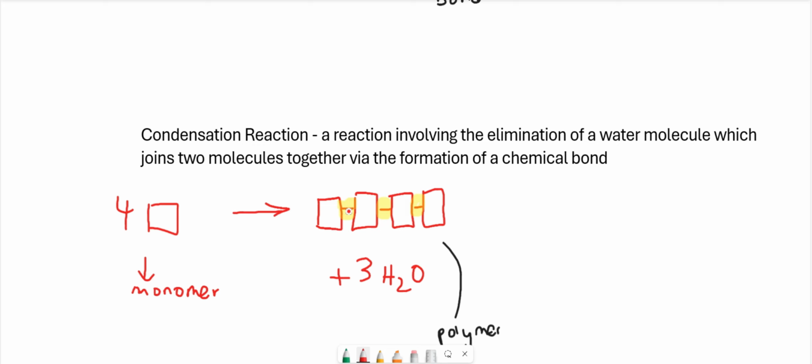Therefore, one water molecule is released, or in other words eliminated, for each formation of these chemical bonds. So one is released for this one, one for this one, and another for this one, producing a net total of three water molecules as a byproduct.